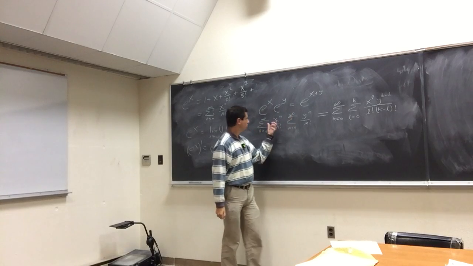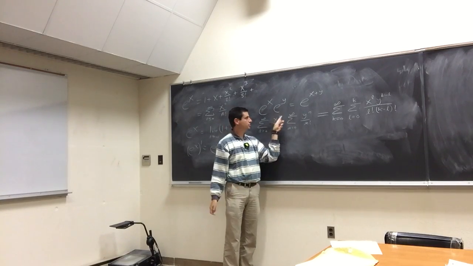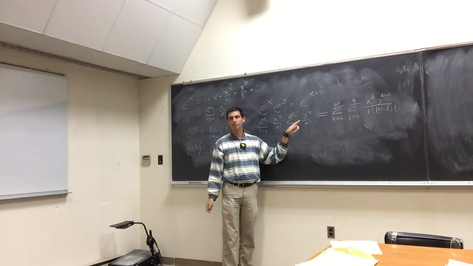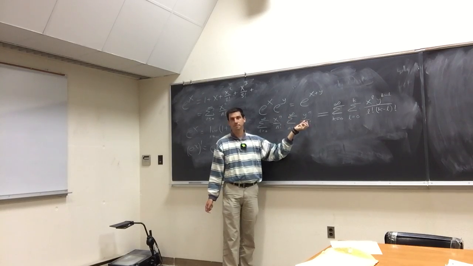I'm not going to worry about justifying all the summation stuff. What I'm doing is, when I have these together, I'm going to take all the x's and y's such that the sum of their exponents equals a common value. Let's say that common value is k. If I have l x's, I have to have k minus l y's.